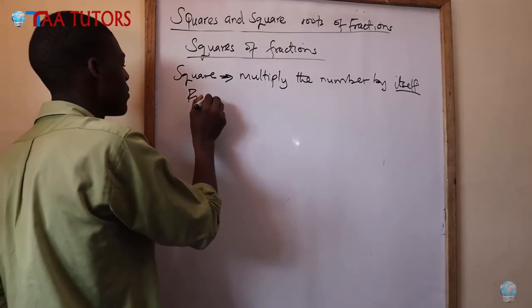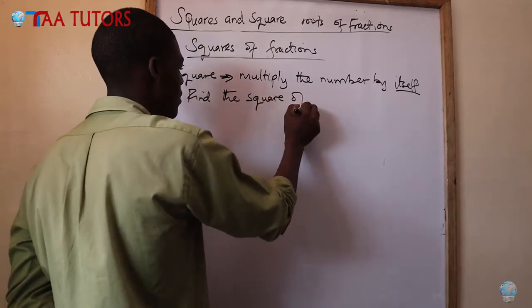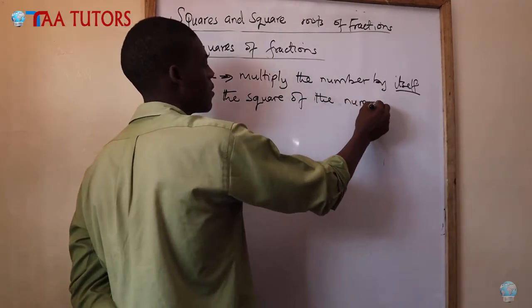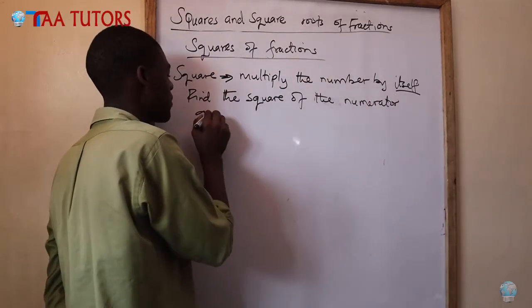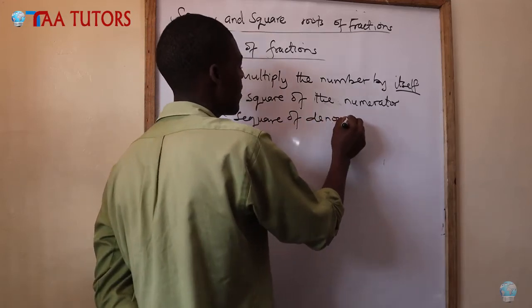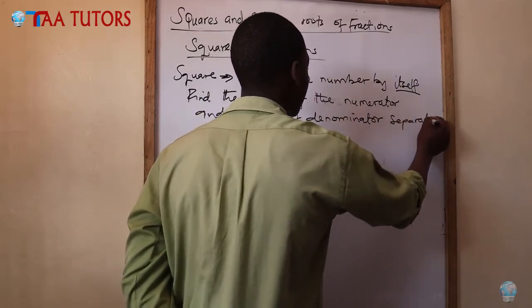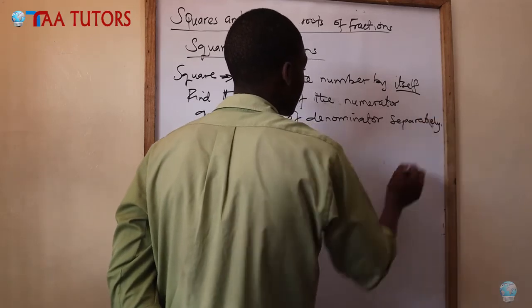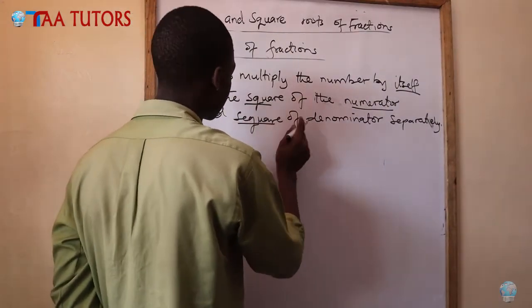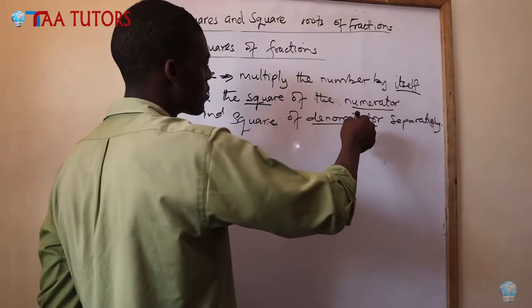We find the square of the numerator and the square of the denominator, but we do it separately.